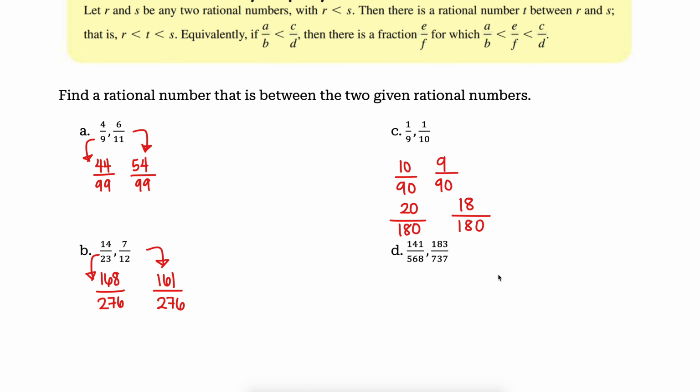The last one, common denominator is going to be really large because you're going to take 568 times 737. But if you find your common denominator here, the first fraction becomes 103,917 over 418,616.